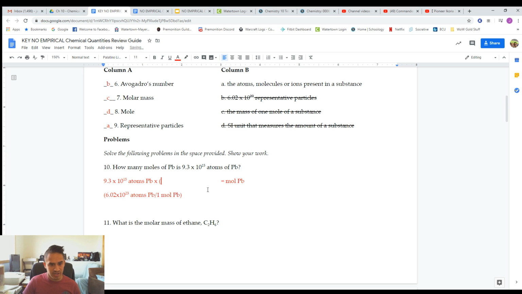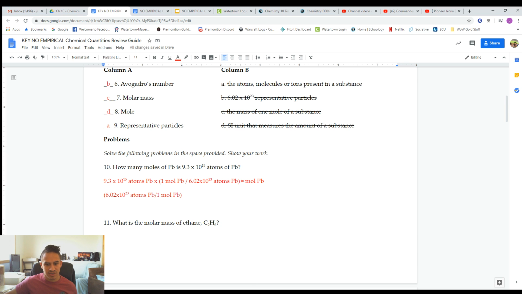So we're going to multiply this by 1 mole of lead over 6.02 times 10 to the 23rd atoms of lead.